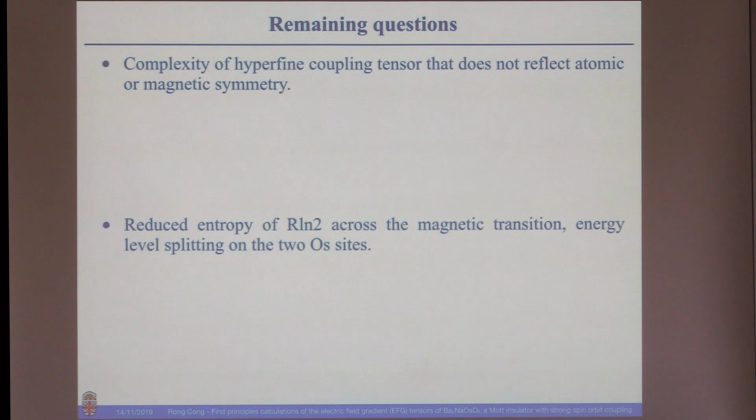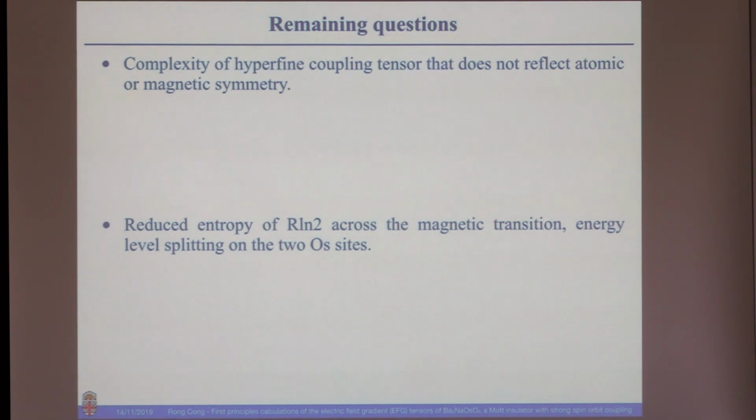That might mean some complexity from the orbital, spin orbit coupling, and also the reduced entropy of R ln 2 that already happened above the orthorhombic distortion. So this is, I think, maybe something that will be discussed in the next talk.